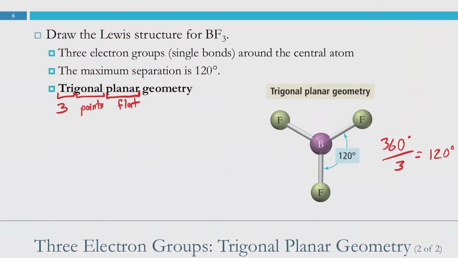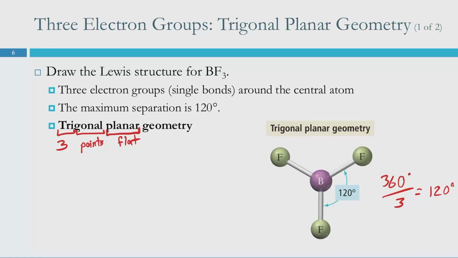Question? So we're just talking about electron domain geometry right now, not molecular geometry. Yeah. We're talking about both right now. They're the same. You can have lone pairs on the central atom, and then that changes. Your electron geometry and your molecular geometry would be different in those cases.